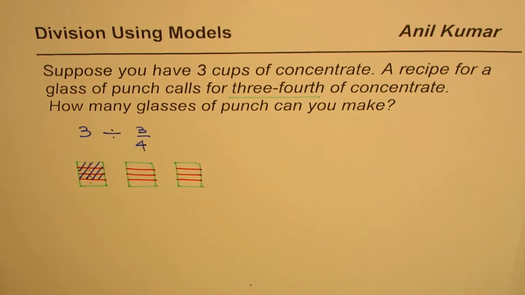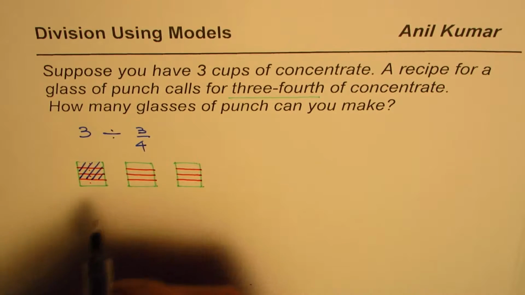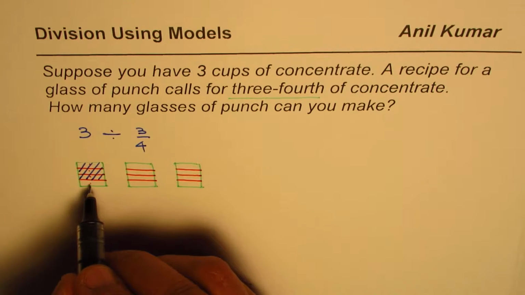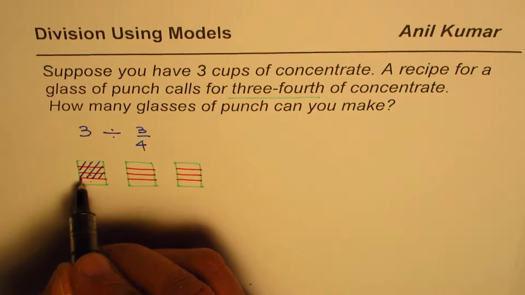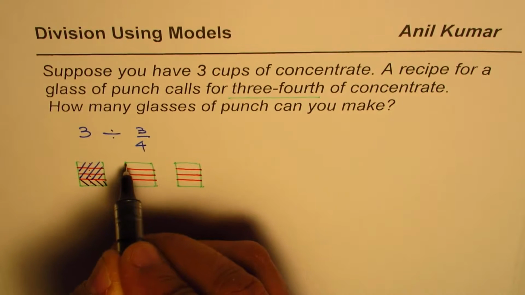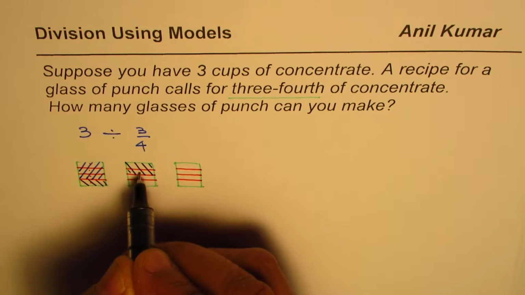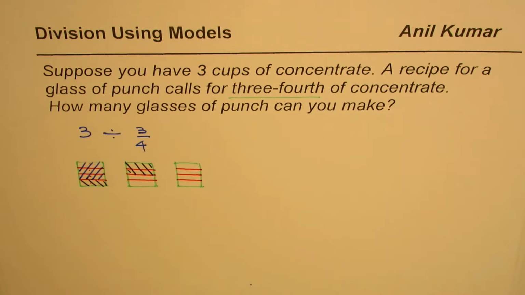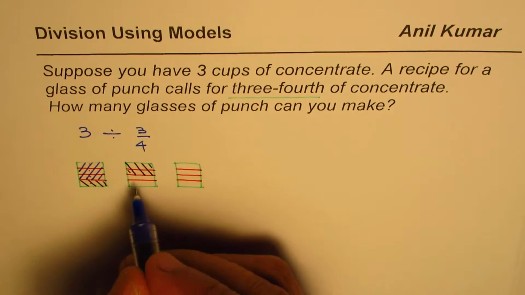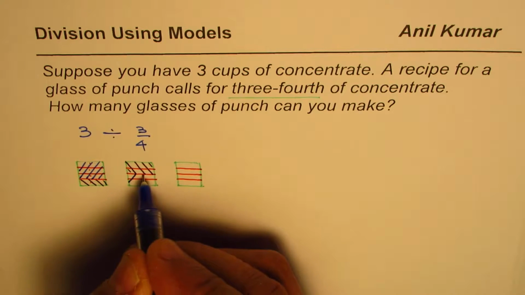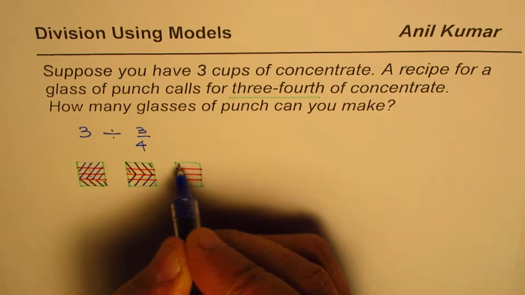Now for the second glass, we have 1 here, but we need 3/4, and these are all 1/4. So we take 1 and 2, and that gives us 3 1/4 for the second glass. Now for the third glass, we have 2 here, and we need 1 more 1/4.